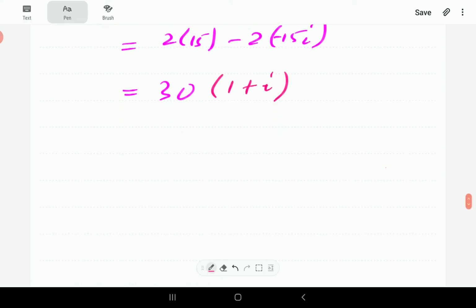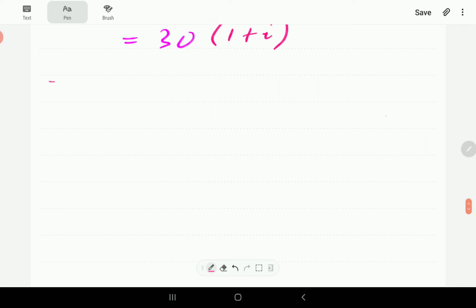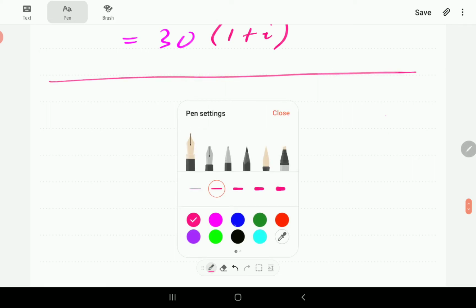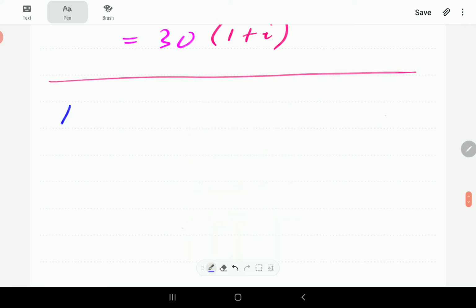All right, at this point, we are going to give you an opportunity to evaluate something similar. We're just going to give you a chance to work through this, evaluate this from 1 plus i to minus 1 minus i.